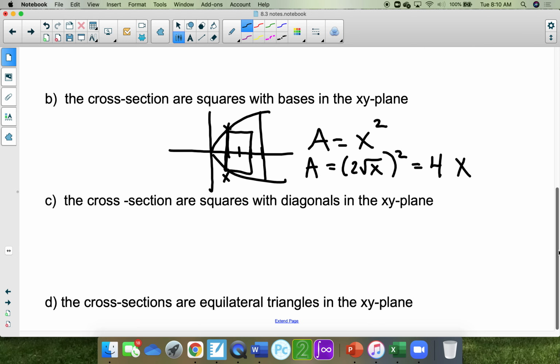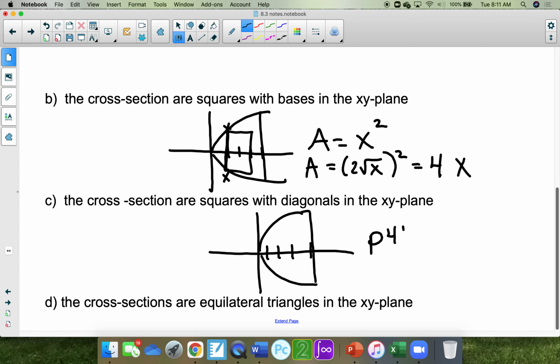Now the next one are squares using their diagonals. And again, it's hard to put this in here. If you look in your book on page 410, you'll see that they put the diagonals in here.